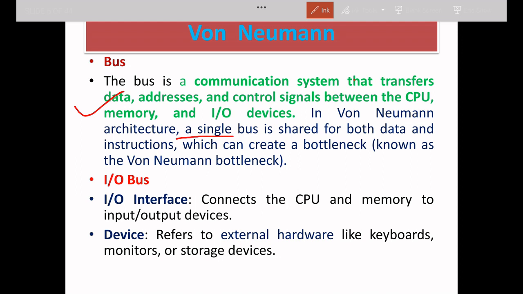This is very important. A single bus is shared for both data and instructions. This is very important for your competitive exam. In the von Neumann architecture, a single bus is shared for both data and instructions. Later I will show one diagram. It is very easy.